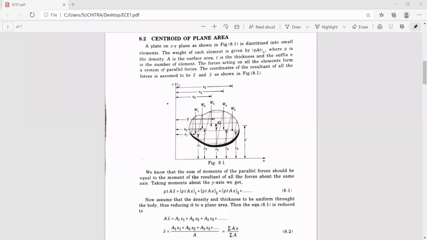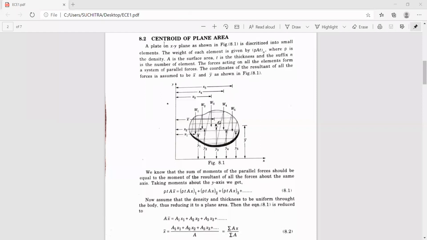You can see here, this plate is on the XY plane, and these individual forces acting at the center of each strip form a parallel force system, because the lines of action of these forces are parallel to the y-axis. The coordinates of the resultant of all the forces are assumed to be X bar and Y bar.